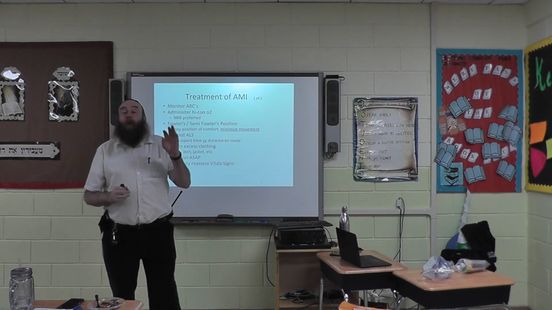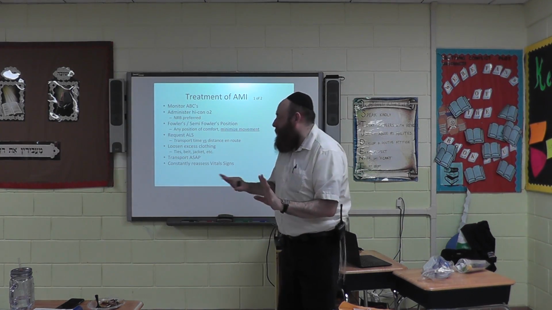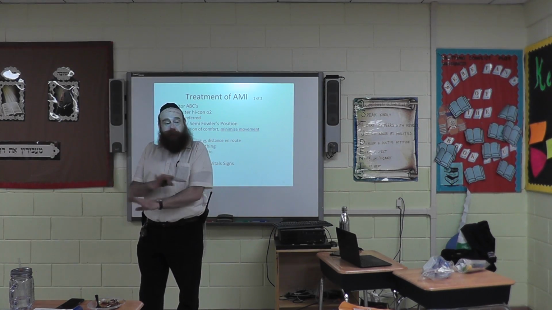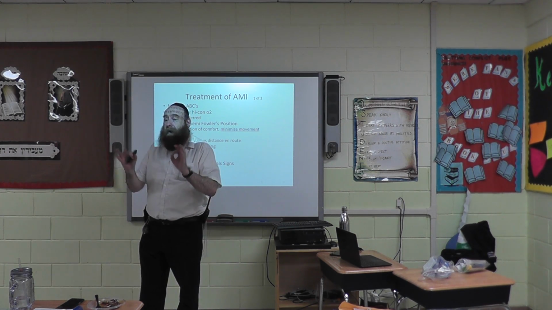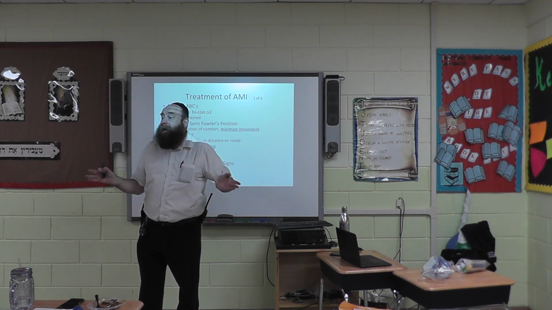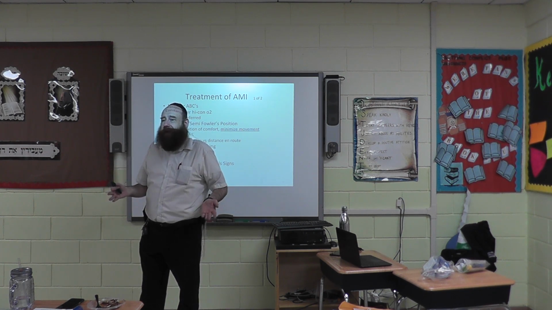Right? Except for one special type of MI, which is called an inferior wall MI, which we're not getting into now, which would be low. Almost always, MI patients will have normal, regular blood pressure. Why? Well, why is the blood pressure going to be affected?